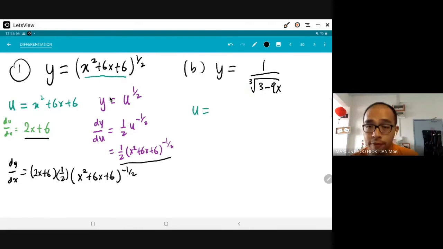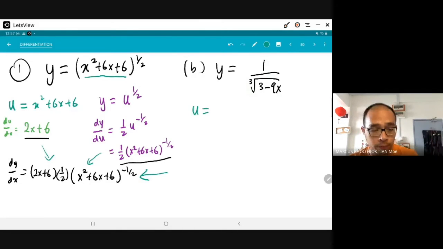If you can sampai ke sini, then it's good already. Itu memang sangat bagus sudah lah. You don't have to, because everything after that is just simplification. Dia memang simplify sahaja ni lepas ni. So, tidak perlu terlalu bimbang pasal itulah. But of course, my main problem is making sure that you can come up to this part lah. If you can come up to this, then no problem.